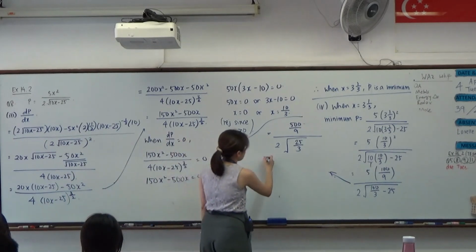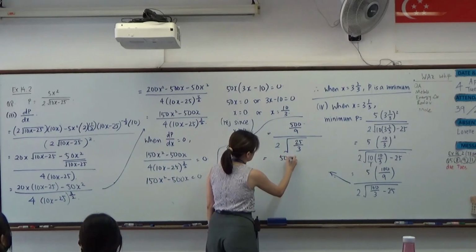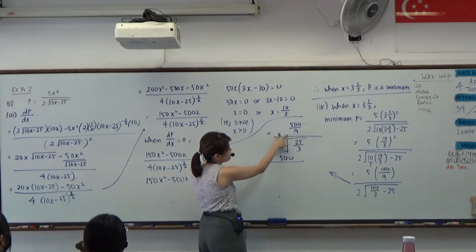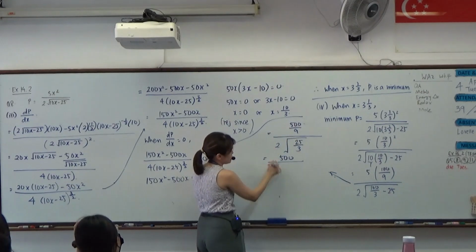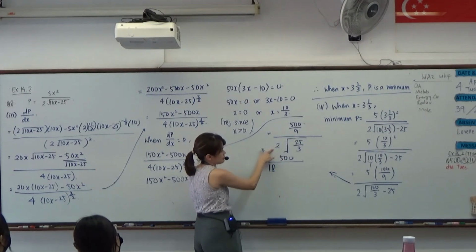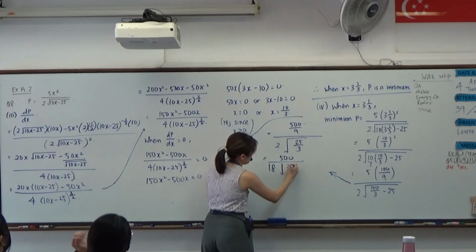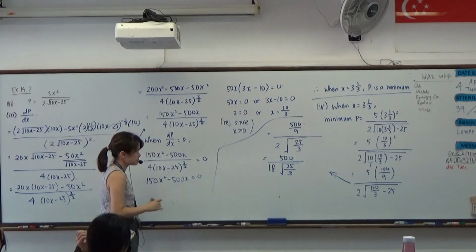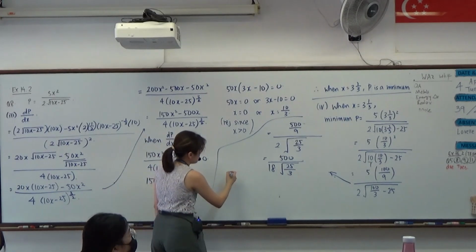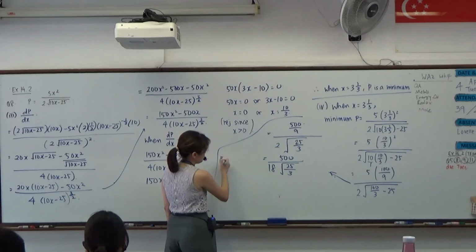Then this is 500 over 9 divided by this thing. This denominator actually can come down. So 9 times 2, 18.